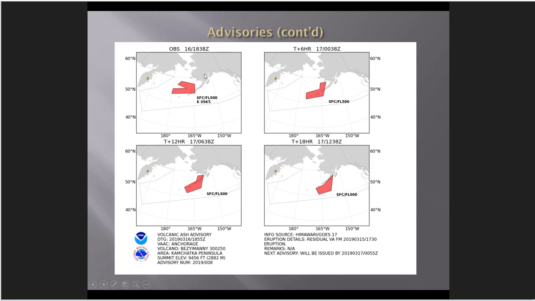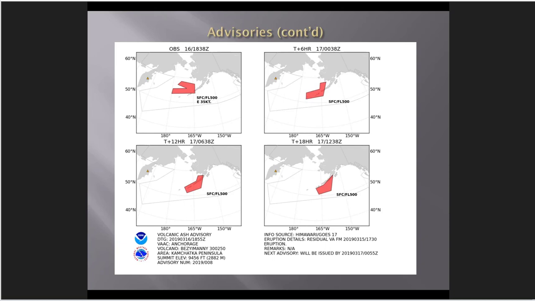And then at 18Z on the 16th, we issued another, and that's shown here. What is usually used for this, with the state-of-the-art in our system, is the PUFF model. There are new tools available on the web. The HYSPLIT model is one.